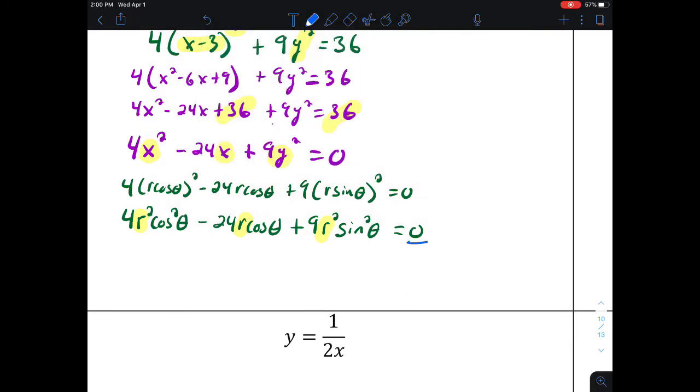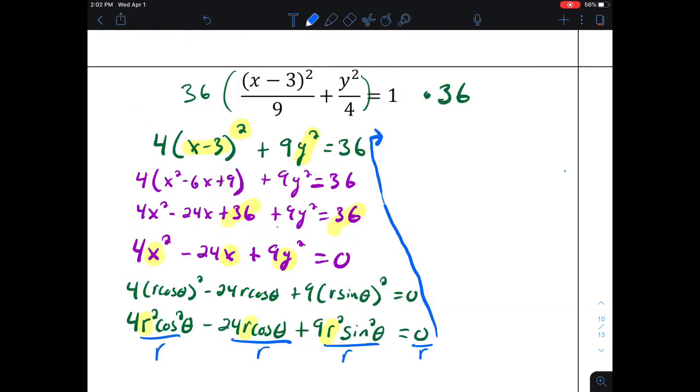So I'm going to divide everything by r. And so what I'm going to have here would be 4r cosine squared theta minus 24 cosine of theta plus 9r sine squared theta is equal to 0.